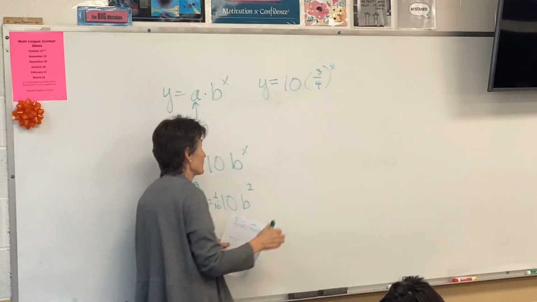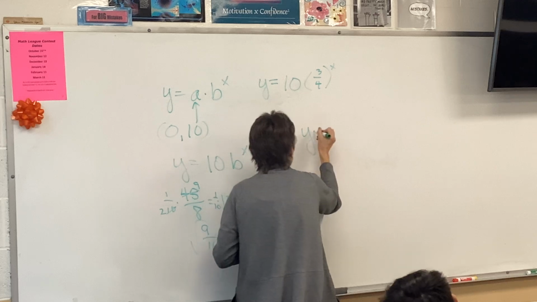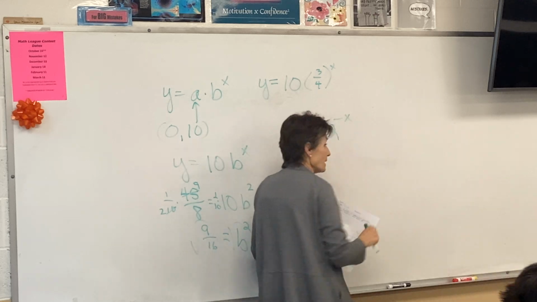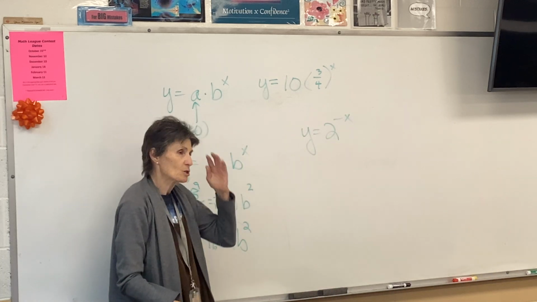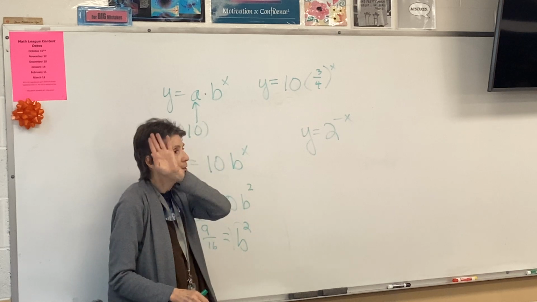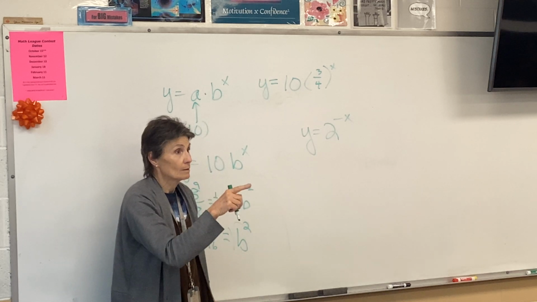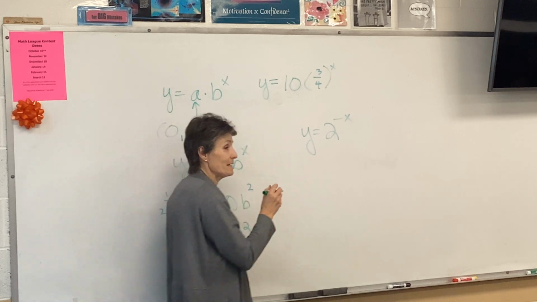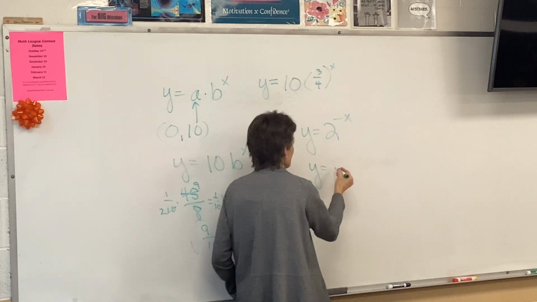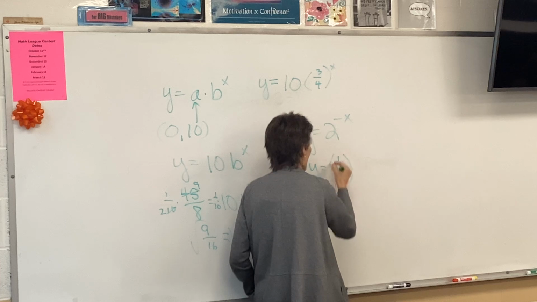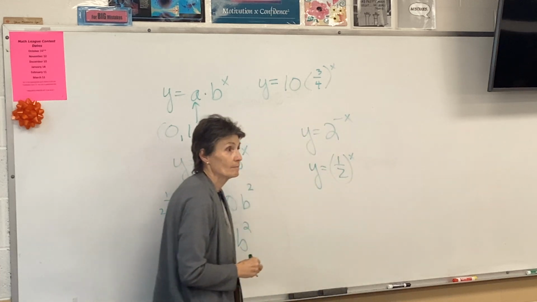Number 2, sketch. Tell me what's going through your mind here. Well, I think it's decay. Well, it's going to be decay, because isn't this the same as 1/2 to the x?